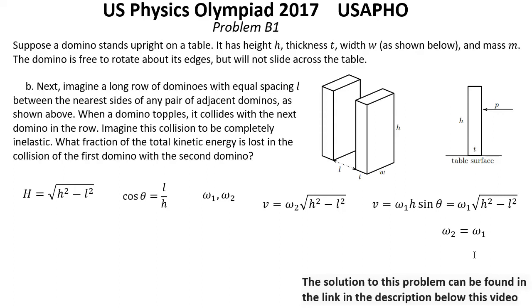So in total it is the same. So because they have the same angular momentum, both dominoes have final angular momentum equal to half of the initial angular momentum of the first domino. And now, because total kinetic energy is proportional to angular momentum squared, we get half for the first domino, half for the second domino, and total kinetic energy will be half from initial. That's the answer for question B.